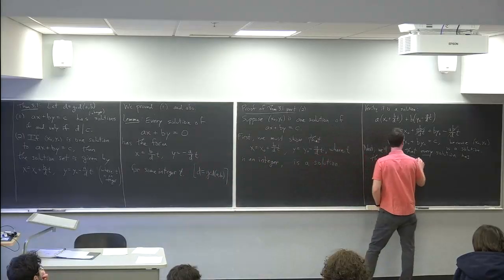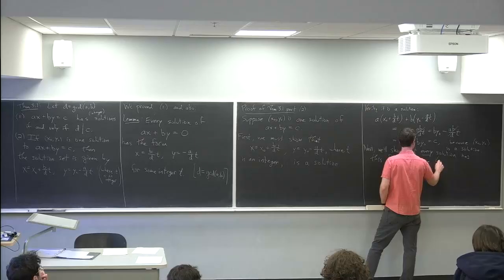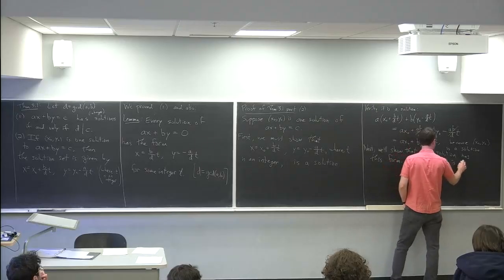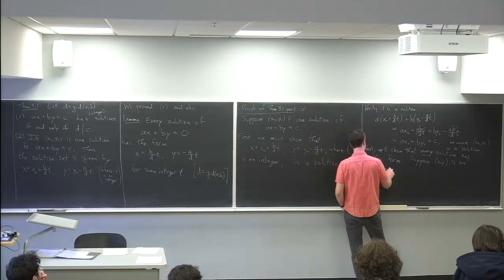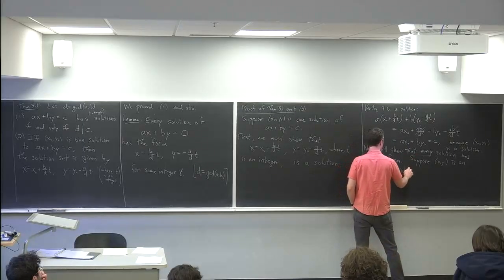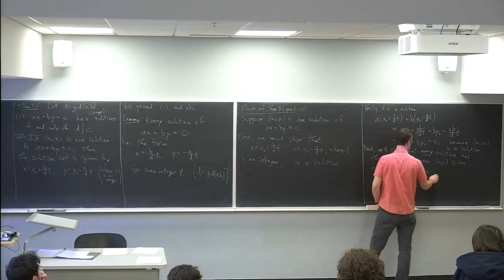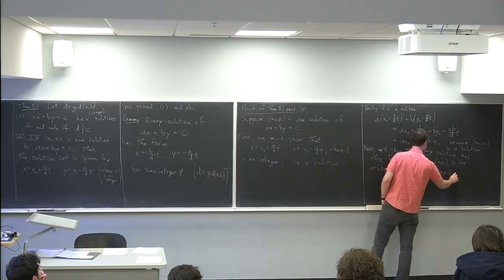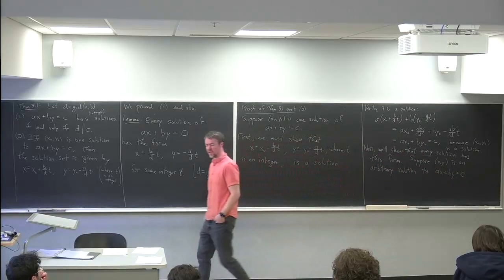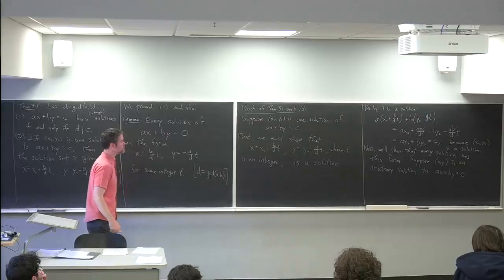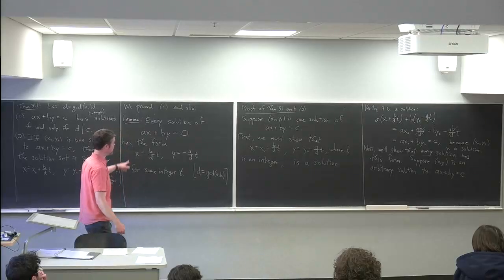So suppose x comma y is an arbitrary pair of integers satisfying this Diophantine equation ax plus by equals c. So all you know about x and y is that they're integers and they satisfy this equation. And this is where we need our lemma.